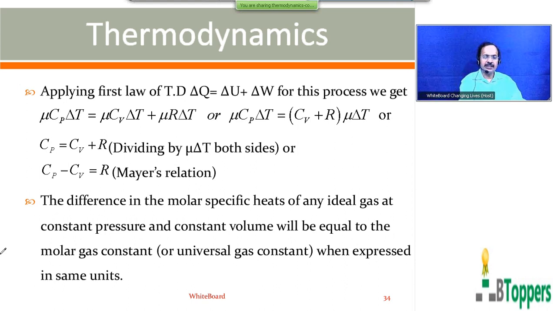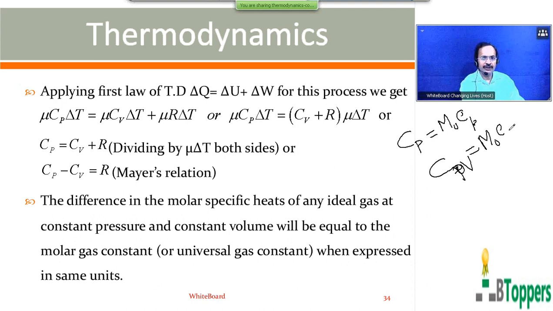Molar specific heat at constant pressure can be written as the product of molar mass and ordinary specific heat at constant pressure, as I told you earlier. Molar specific heat at constant volume can be written as the product of molar mass and ordinary specific heat at constant volume.